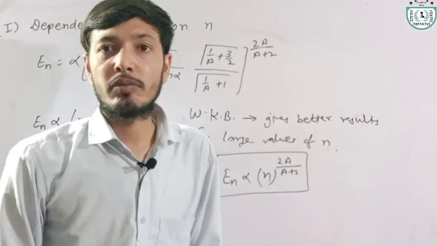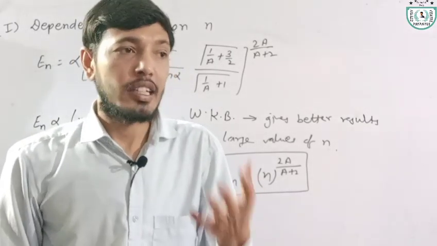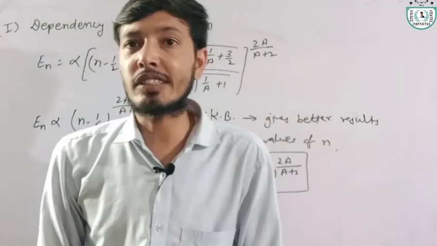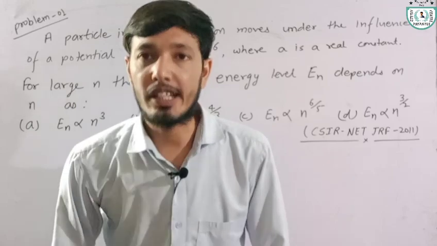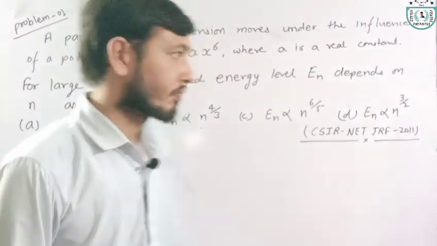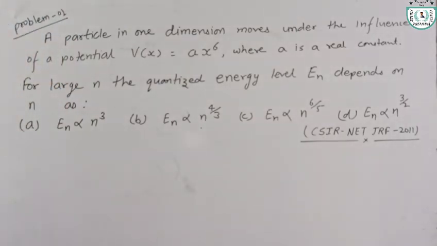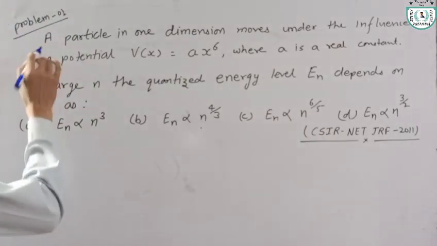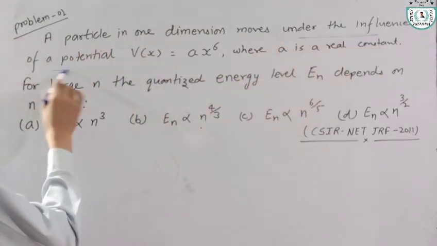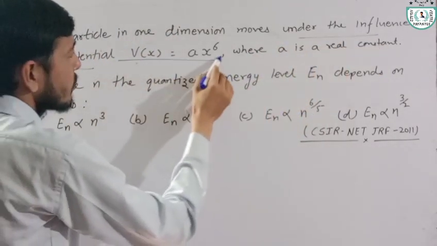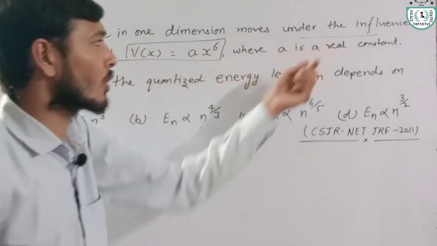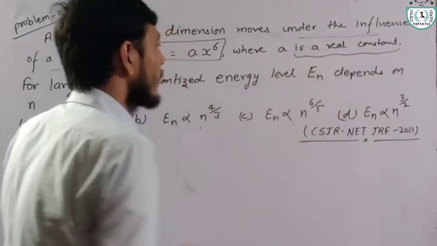To solve any problem, we will first of all check both dependencies. Now we will discuss problems. In the first problem, a particle in one dimension moves under the influence of a potential V(x) = Ax^6, where A is a real constant.